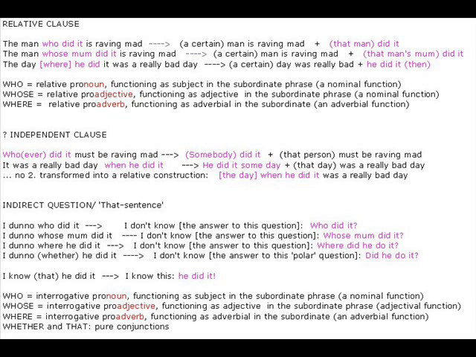It seems they avoid giving it a name, but it's a group that has the conjunction that in English, and I have looked into the history of that and its companions in both Germanic and Romance languages, and it seems that the conjunction generally comes from a demonstrative that points toward a whole sentence. I know this, he did it. So originally it didn't belong to the subordinate, and now it's seen as part of the subordinate, but at the same time it has lost its original function, and that's why we call it a conjunction.